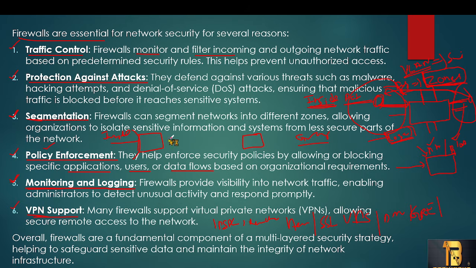So the traffic which is going out, either it may be Hyderabad, or it may be Bangalore, or maybe out of your company. Maybe there is one more branch in Hyderabad itself. Let's consider that an outside traffic. That will be called an outside network or outside zone.